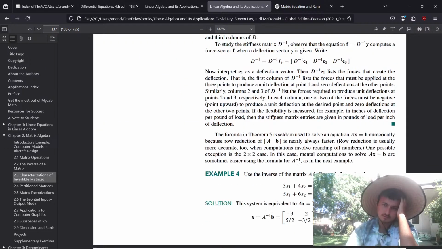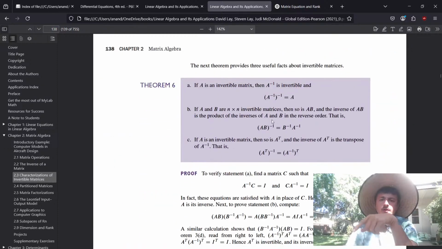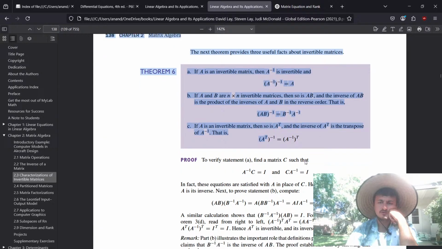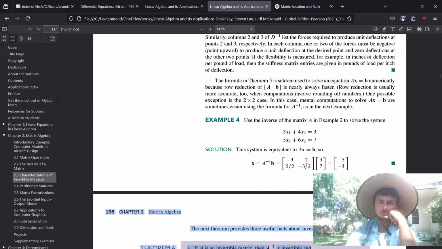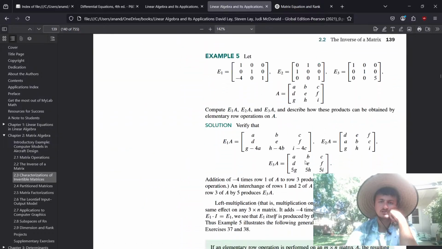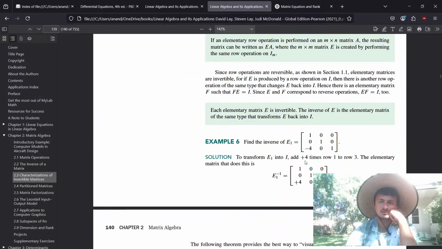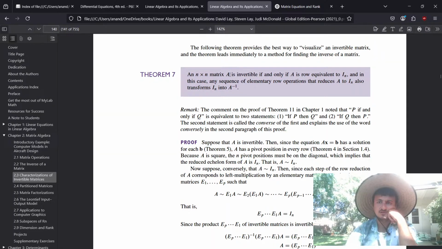Okay. And then the example. All right. Simplification rules. More simplification rules. What was this? Theorem 6, the definition of elementary matrices, which is easy. All right. Theorem 7 is invertible if and only if row equivalent to the identity matrix.